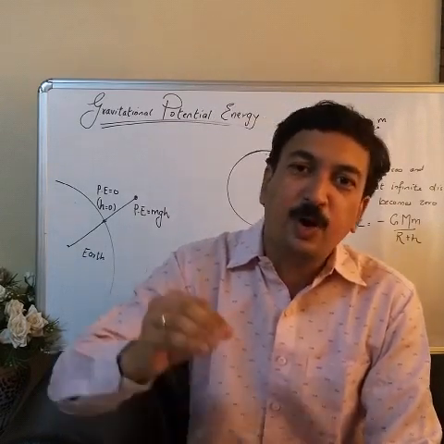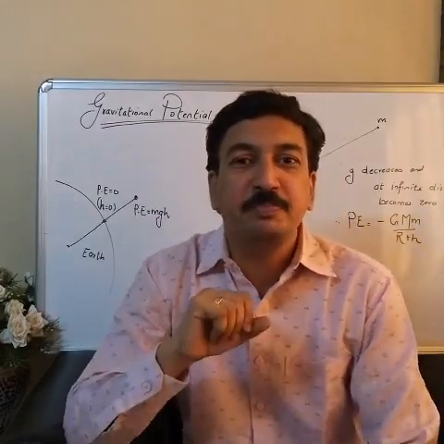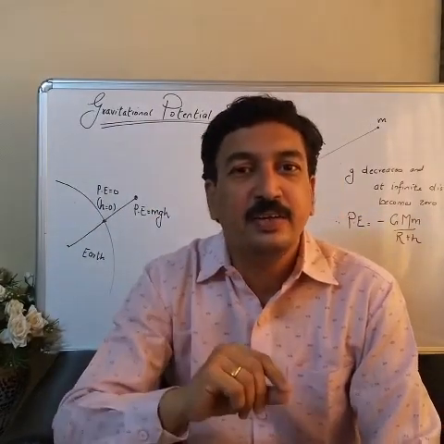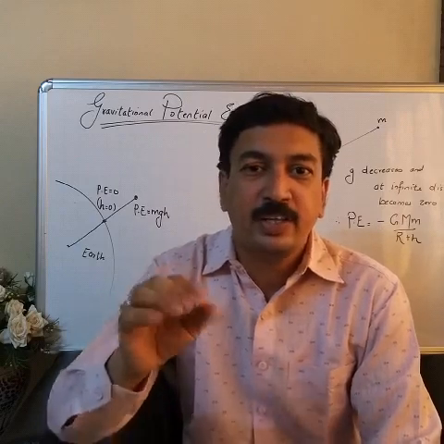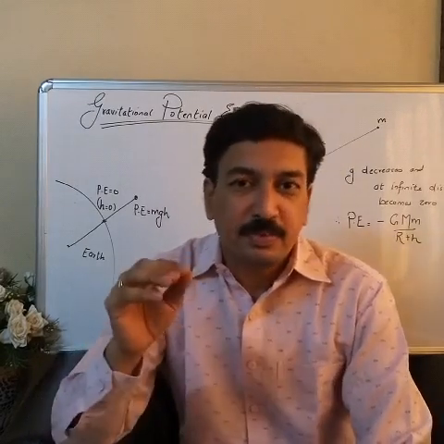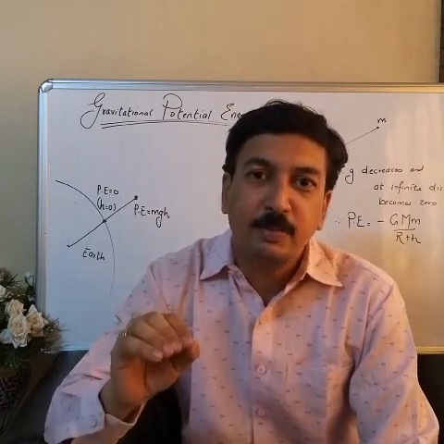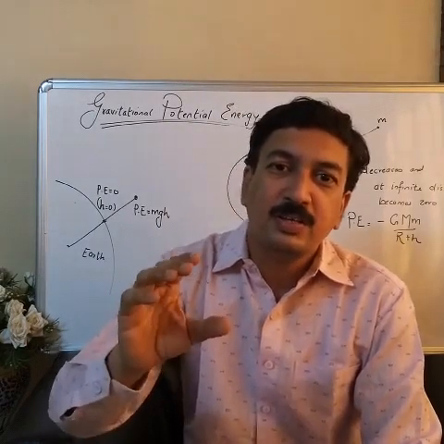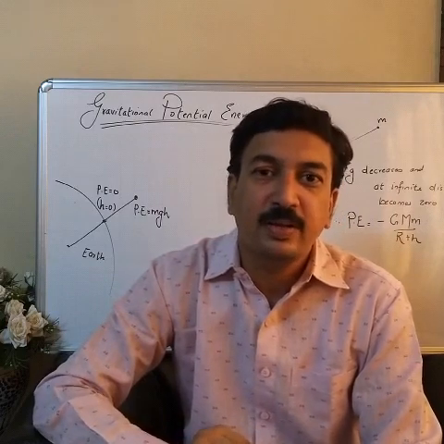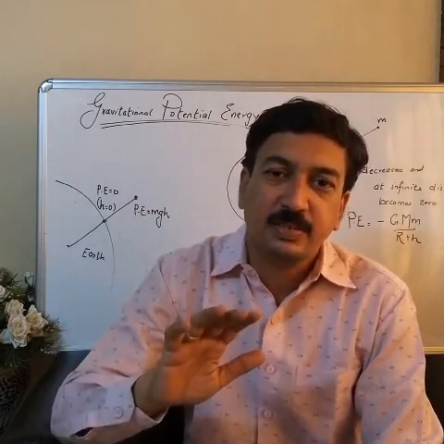As we move the object to a height, the potential energy increases, and we use the formula mgh to find the value. But this formula for potential energy is applicable only for low heights, when the height is very less.